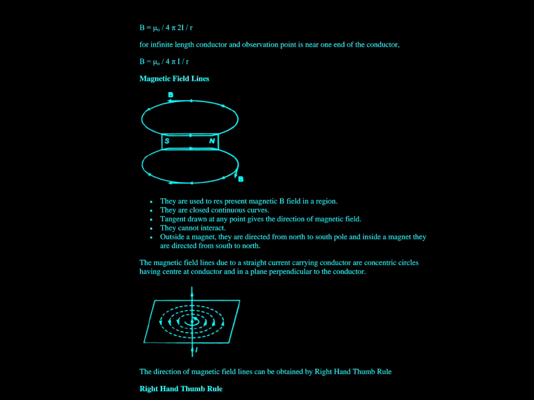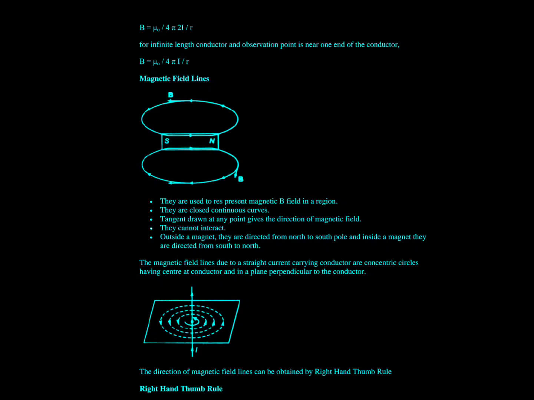The right hand thumb rule is useful to find the direction of the magnetic field if we know the direction of the current. Imagine we hold the current carrying conductor in our right hand, gripped so that the thumb points in the direction of the current. The curling of the fingers then represents the direction of the magnetic field lines.